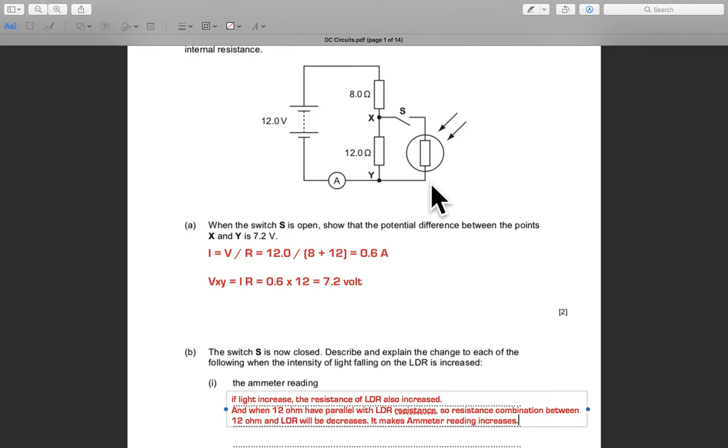Using Ohm's law, I equals V over R, since V is the same and R decreases, I will increase.